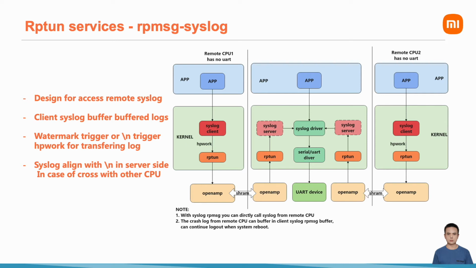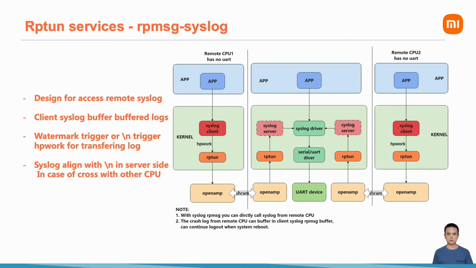If we meet an end char, or a watermark is met, then kick an rpmsg, and the worker will send the syslog buffer to the main CPU through OpenAMP. Then the log comes to the server.